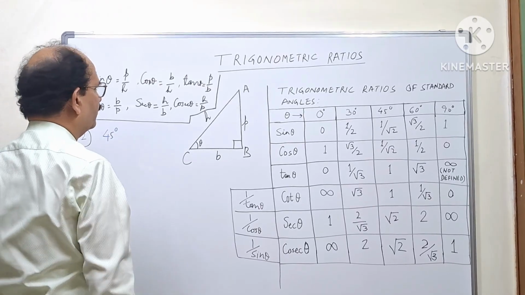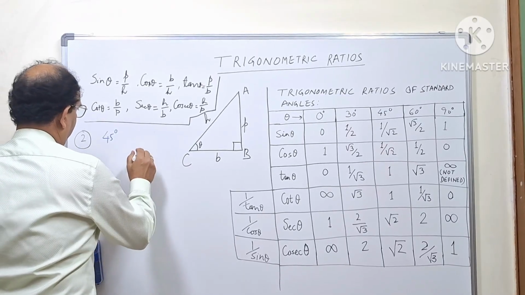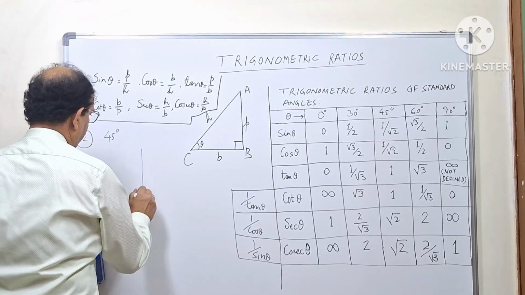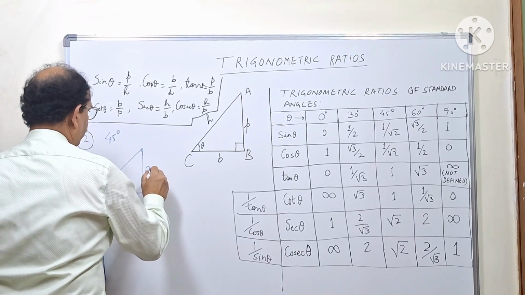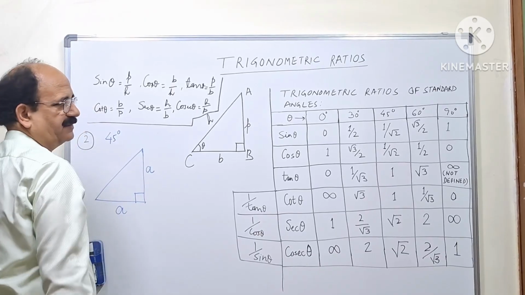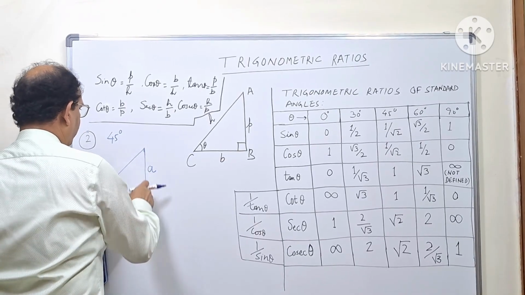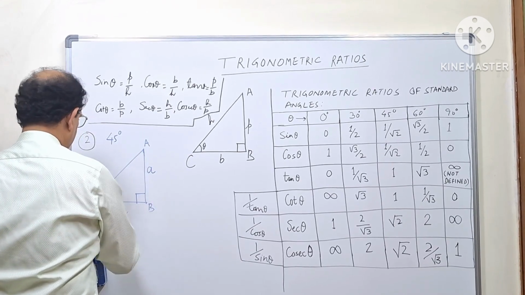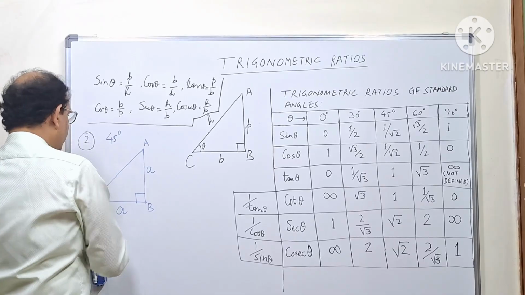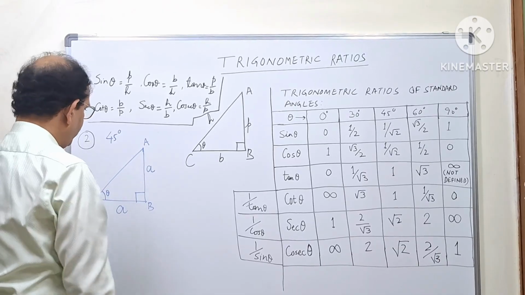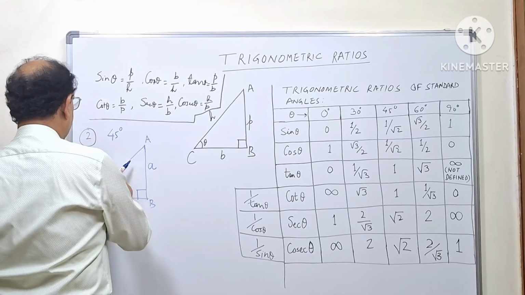Again we will take help of geometry, and this time we will get a right angle isosceles triangle with base and perpendicular being the same, A. Supposing I take this as a reference angle, then this is perpendicular and this is base. The hypotenuse will be opposite to the 90 degree angle.